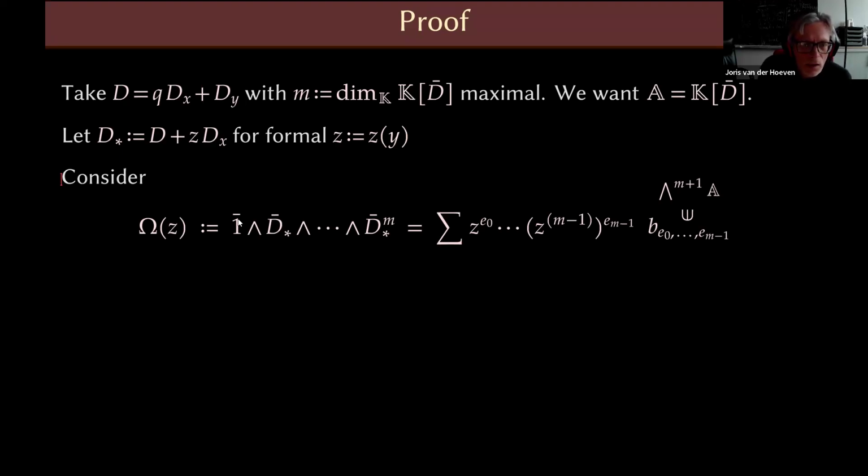And this expression, I consider over the ring A, so projected modulo I. And I can see this basically as differential polynomials in Z, this formal differential indeterminate, where I put all the coefficients on the right-hand side, because things may not commute in A. And on the right-hand side, we have some exterior powers.